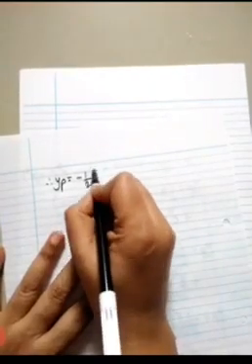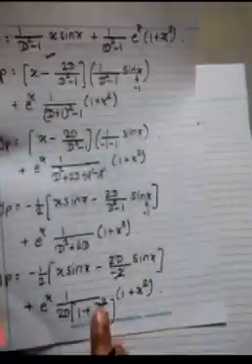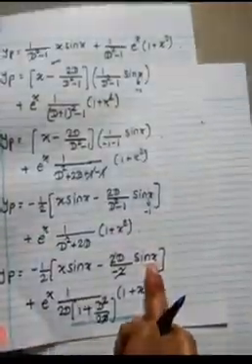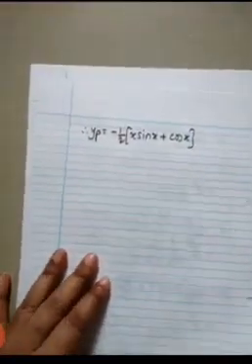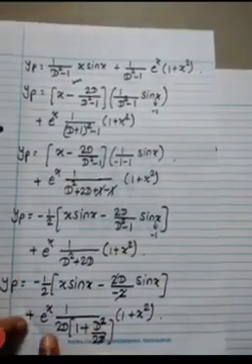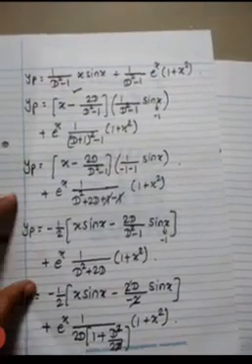So therefore yp is equal to minus 1 by 2 x sin x, minus minus, there it is plus, and the derivative of sin x is cos x. So plus cos x. Okay, this part is finished. Now this e raised to x upon 2d into, this will go to the numerator with inverse.